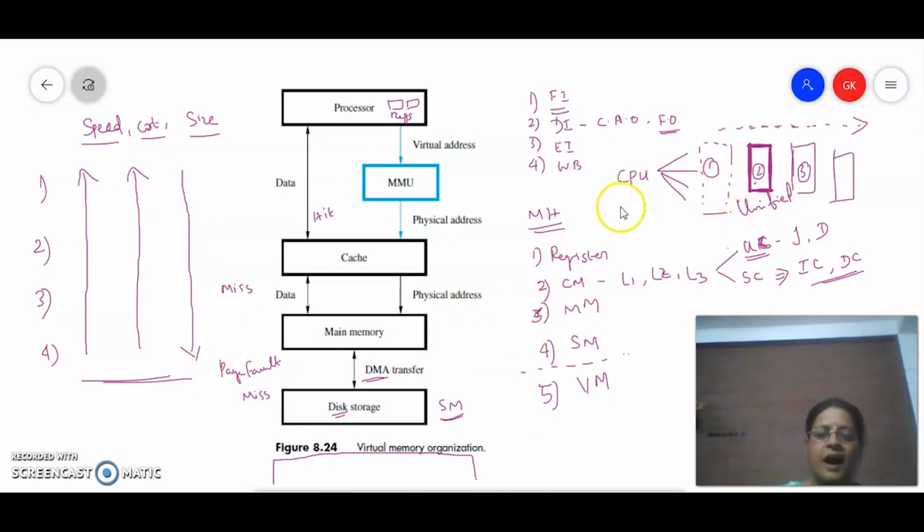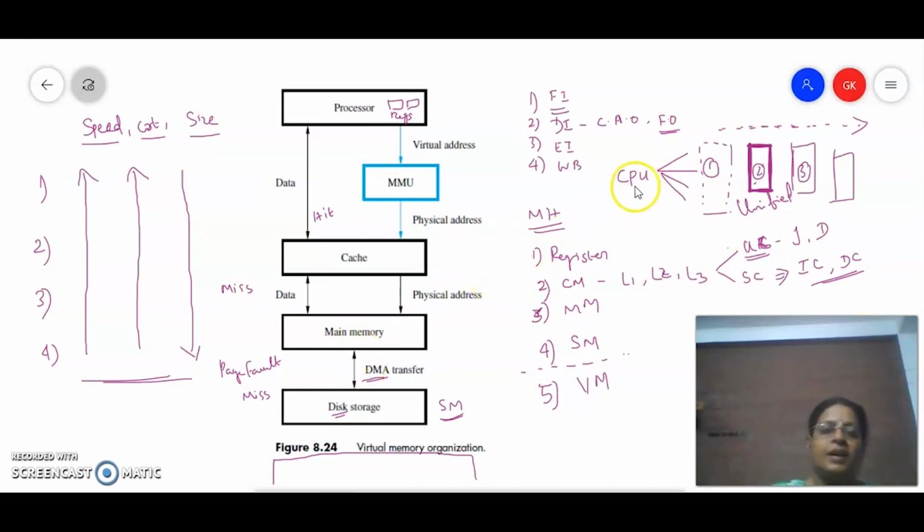If it is a hard disk, I can use a second hard disk, a third hard disk. So the purpose of the virtual memory concept is that the CPU is not restricted to executing an application whose size is restricted by the secondary memory. If my application size exceeds the secondary memory size, I will still not say no. I will make the partitions, load a partition in the secondary memory, and then execute.